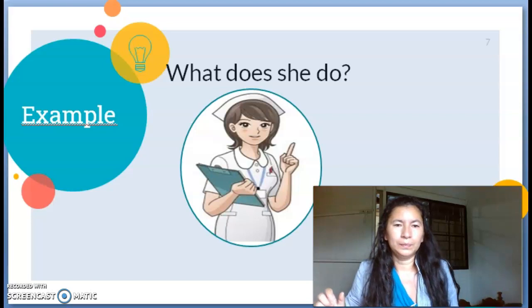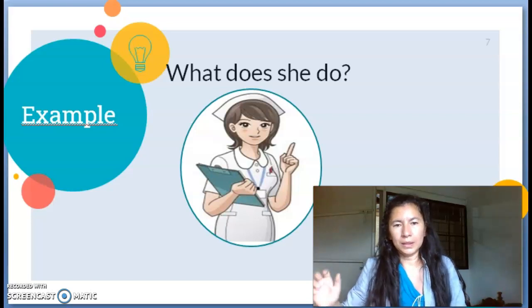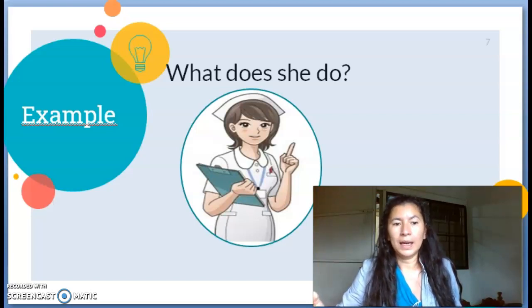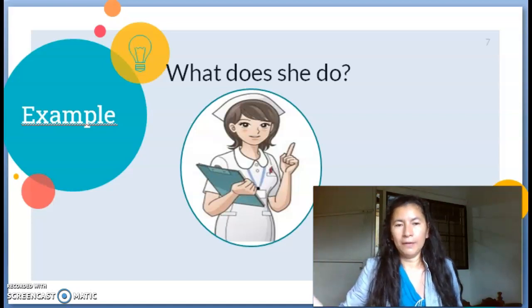For example, what does she do? The teacher shows a picture and a student gives answers about what the job is for this picture.